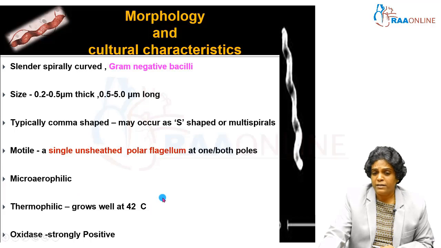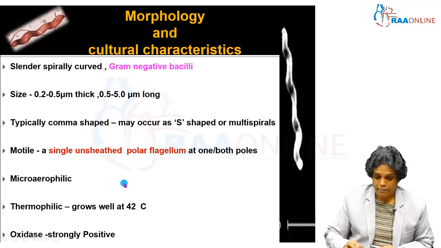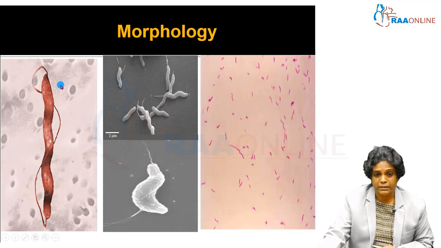But Campylobacter foetus is not thermophilic, so that helps you differentiate between jejuni and foetus. And it is oxidase positive. So this is the morphology of Campylobacter: curved bacteria, S-shaped, or sometimes with multiple spirals.